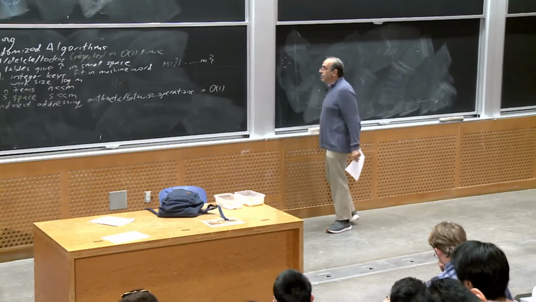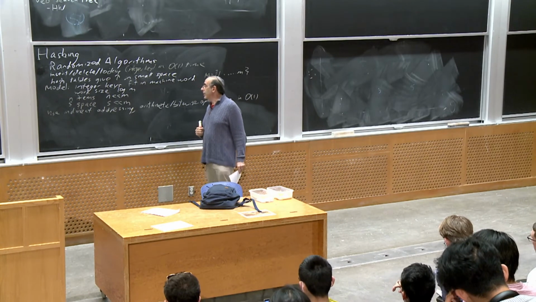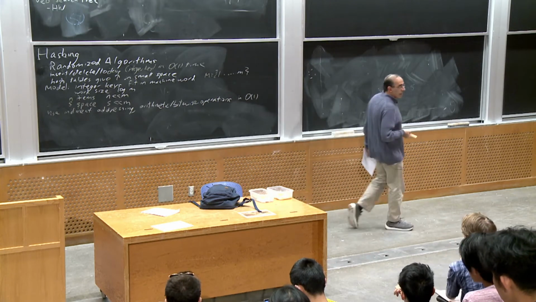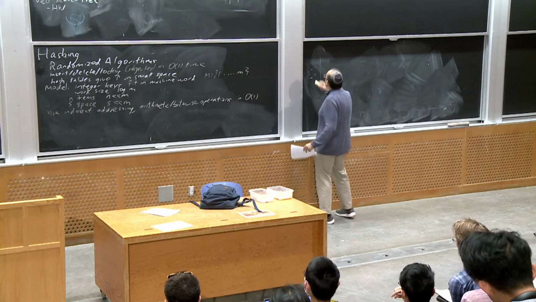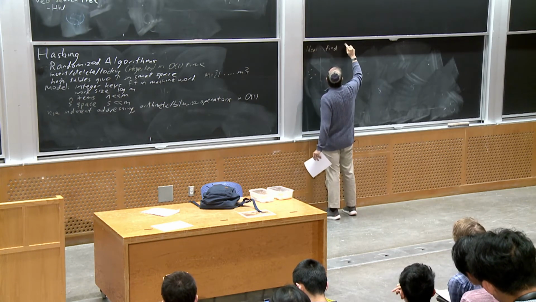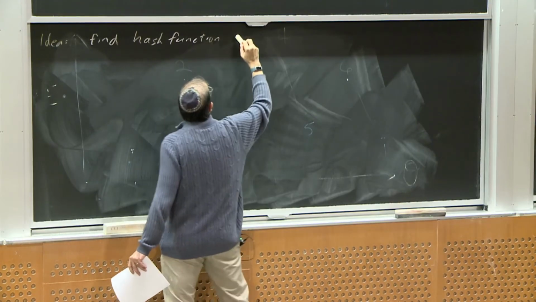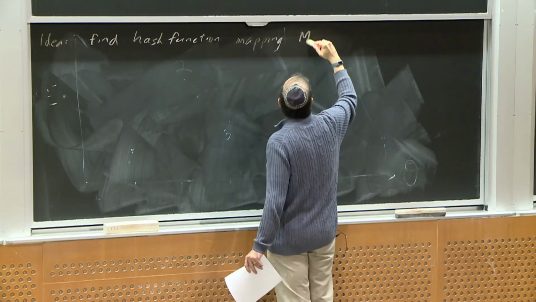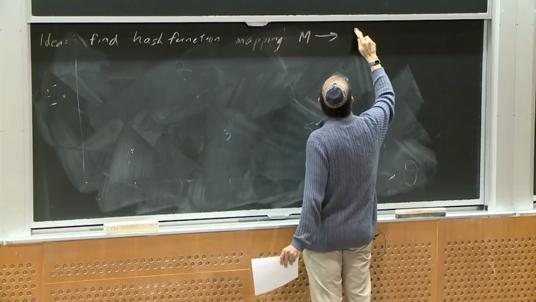So again, we want to store our items, which are keys in the range from 1 to m. We want to store them in an array whose size is a lot smaller than m. Okay? So the idea is to find some sort of function, which we'll call a hash function, mapping my keys into a smaller table.